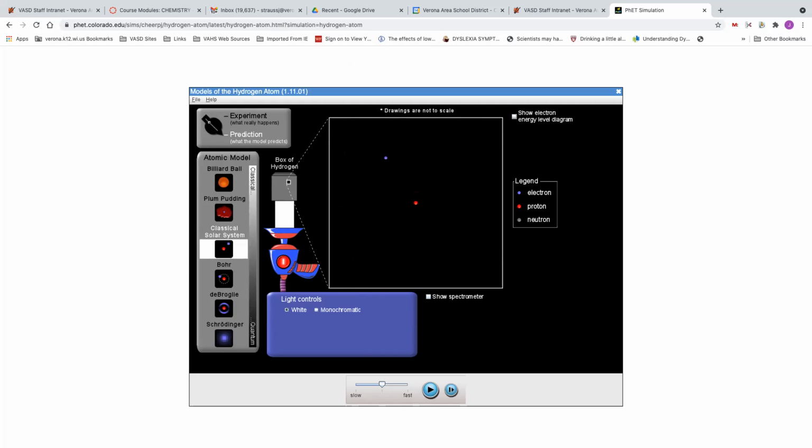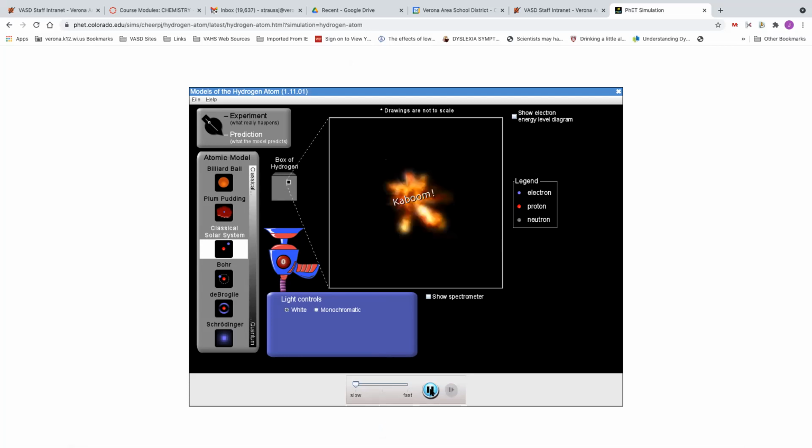Then we go to the nuclear model. With the nuclear model, you've got the electron orbiting the nucleus. However, the electron is negative, the proton is positive. They should attract each other and do this. Boom.